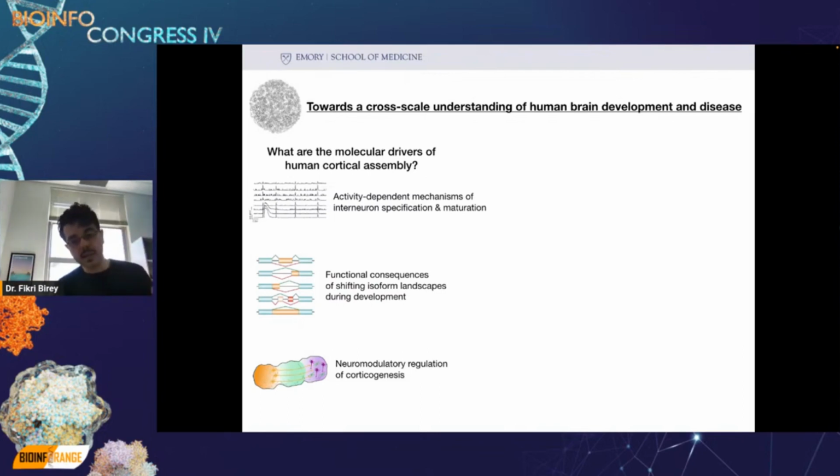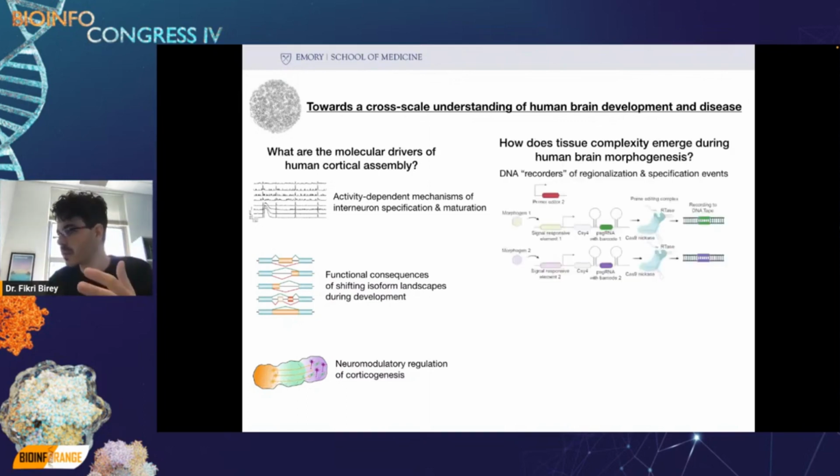Given the advantages of models like these, we feel we can build models where we have a region-specific organoid where the serotonin neurons are born, and then we have the cortical one, and then we can control when the serotoninergic input arrives and modulate that input. We're really interested in that world of neuromodulation and its effects in early development.